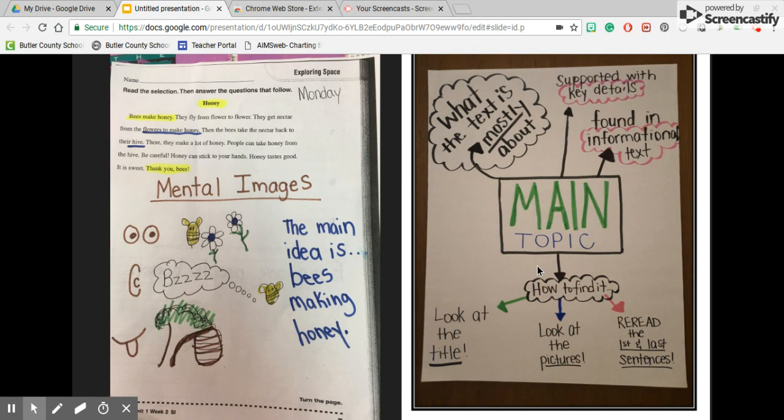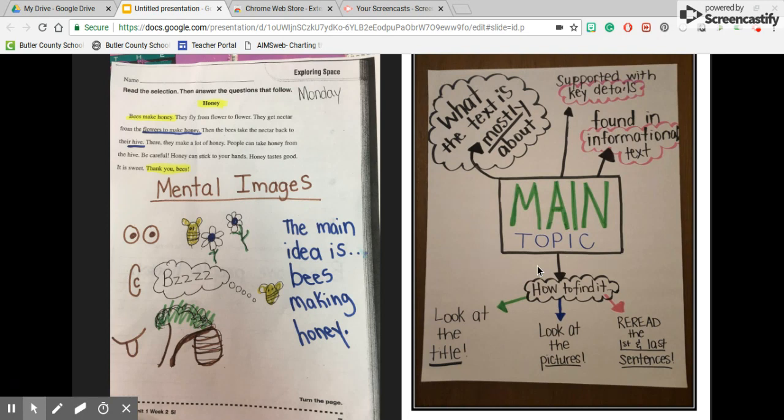And the last thing is you need to reread the first and last sentence of the passage or paragraph to help you find the main topic. So today what I did is I allowed my students to go on an imaginary journey, and they closed their eyes and they made some mental images of the things that they saw, heard, and tasted as I read the story.